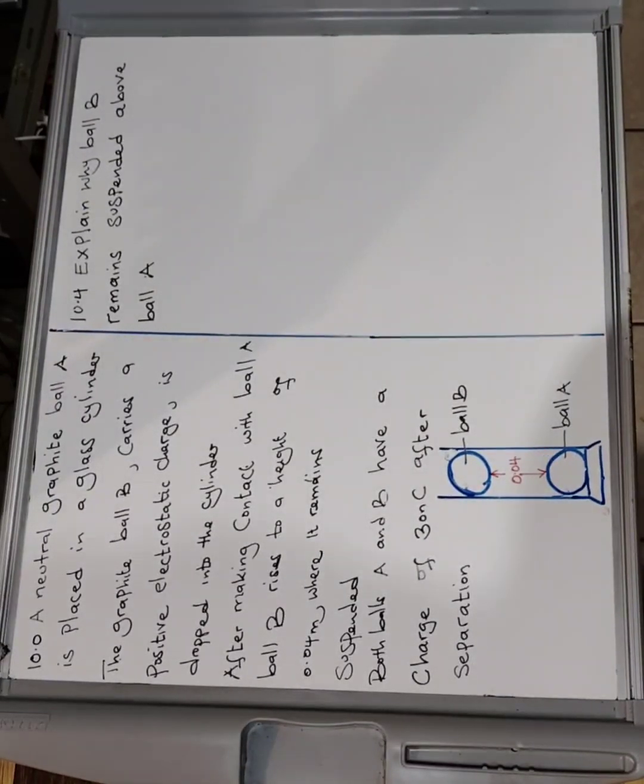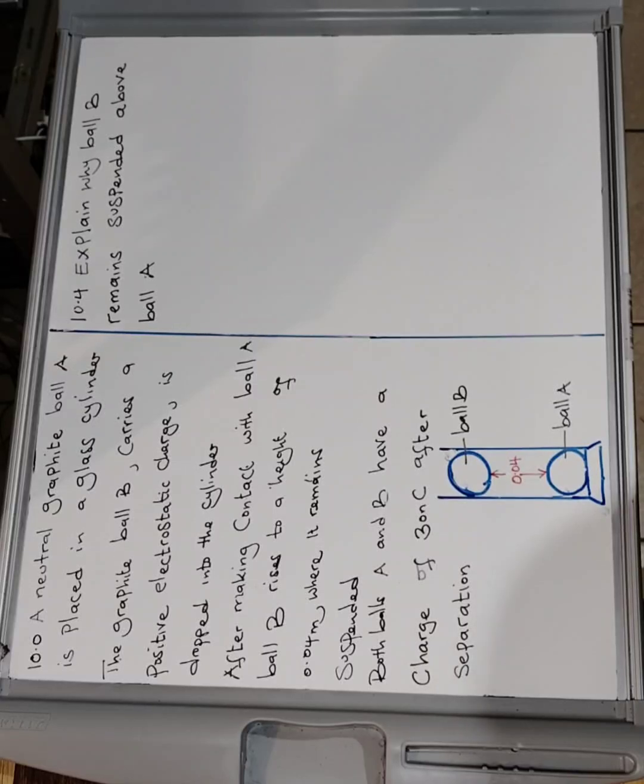Then comes this question. It says, explain why ball B remains suspended above ball A. Why does it remain suspended? The explanation is that when ball B got in contact with ball A, they both became positively charged. And because both have the same charge, repulsion occurs.